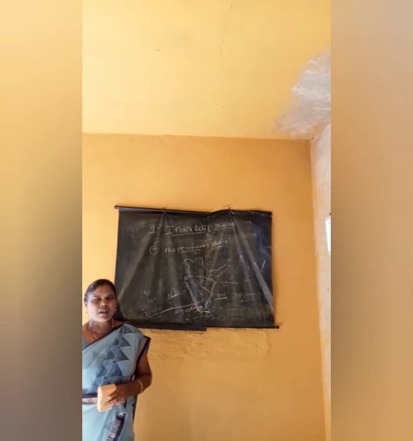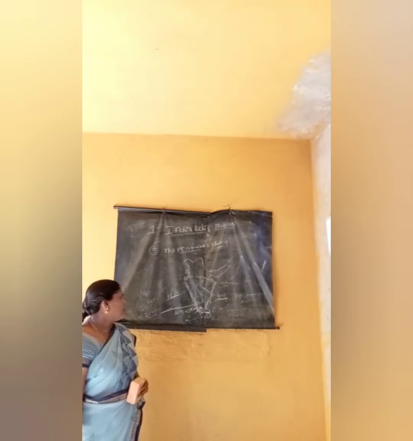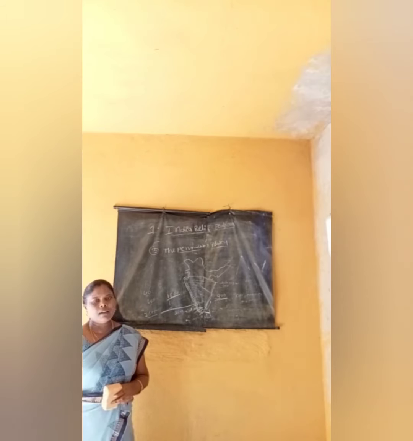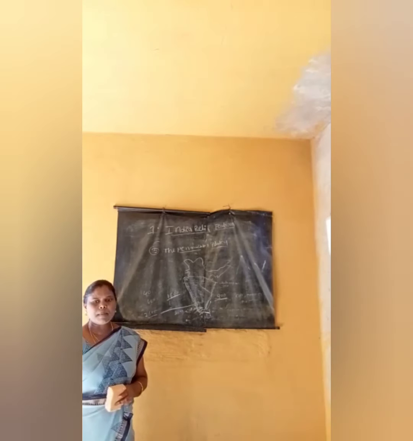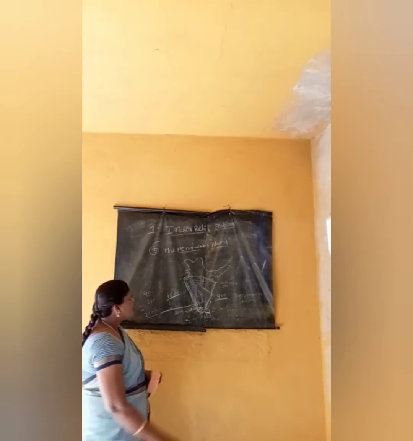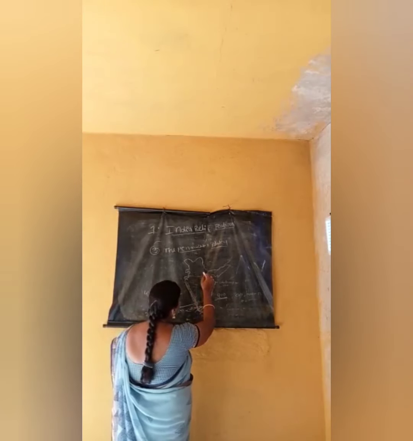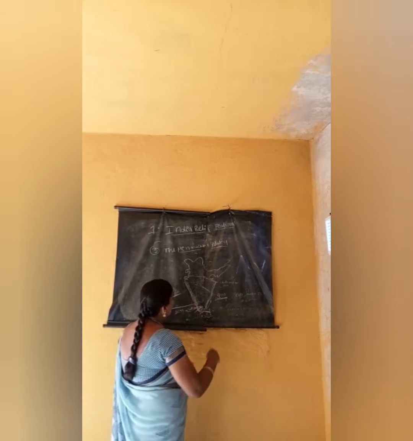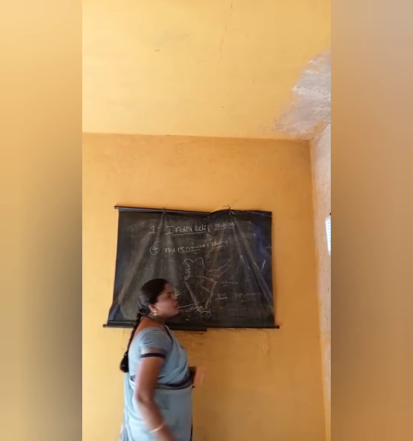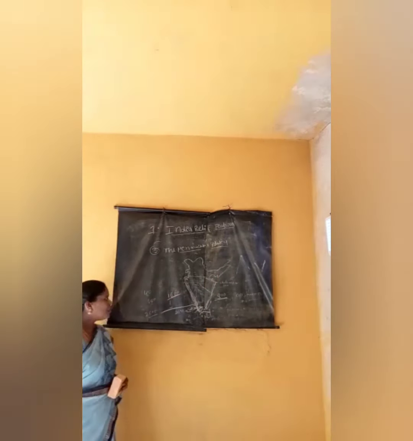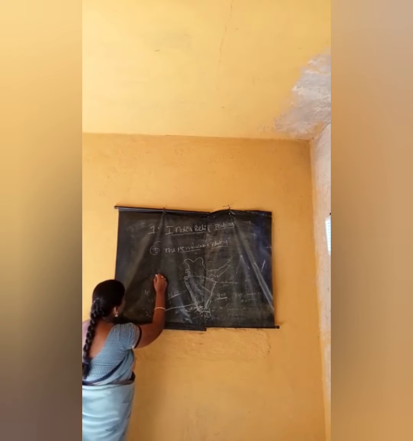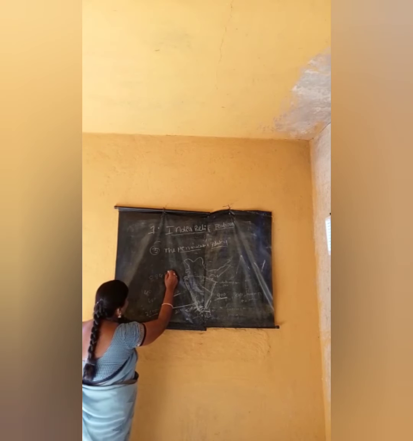Next, the highest peak in India's north, Mount Everest, has a height of 8,848 meters.